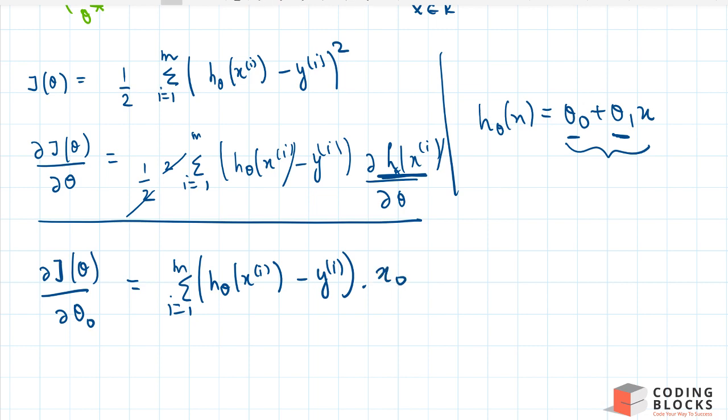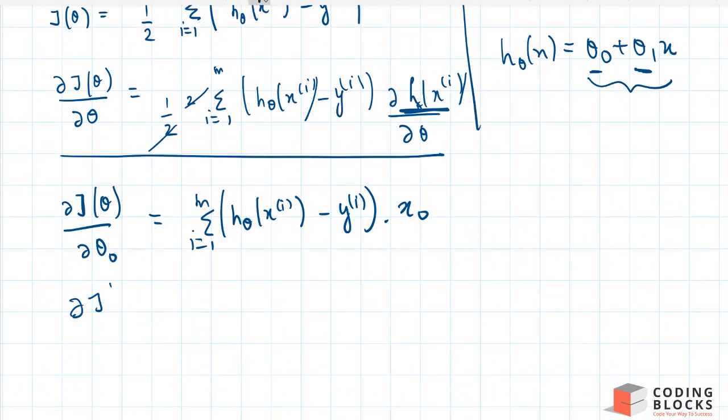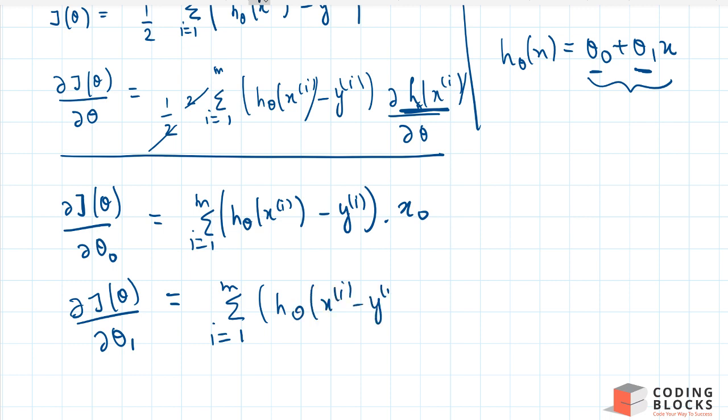You can either write x0 or 1. The second thing I need is ∂J(θ)/∂θ1. So we are getting two gradients. It would be h_θ(x^(i)) minus y^(i), into the derivative of h_θ(x) with respect to θ1, which is nothing but x1.